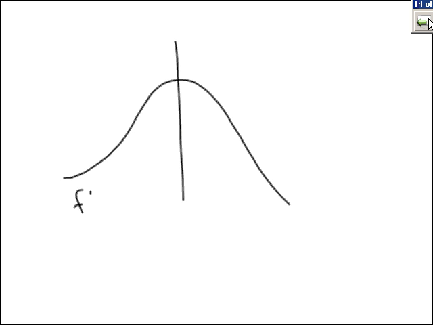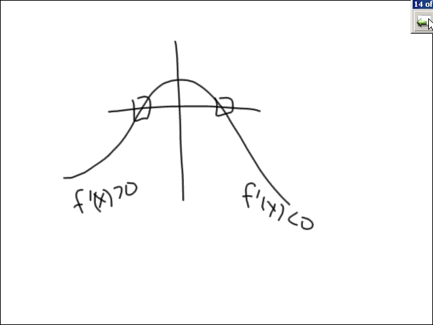When will it cross in more than one place? Well, when it goes up and then comes down. To the left of this line, the derivatives are positive. To the right of that line I drew, the derivatives are negative. A horizontal line can cross in more than one place.